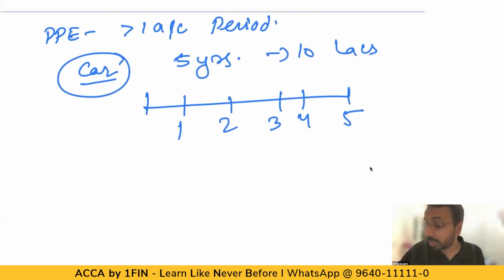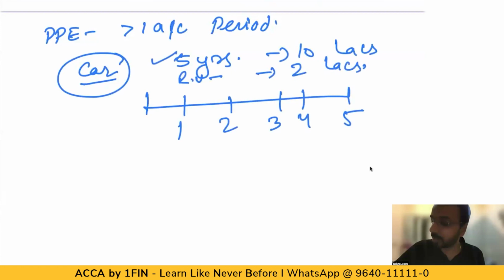And the residual value means what the car would be worth after being used for 5 years. If I want to estimate today, the residual value is, let us say, 2 lakhs. 5 years is the life, 10 lakhs is the cost, residual value is 2 lakhs.